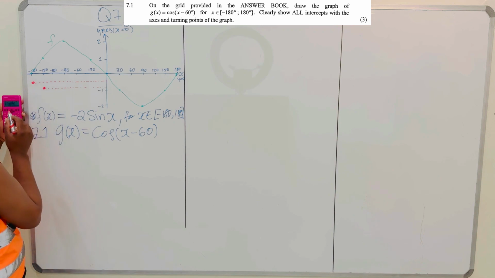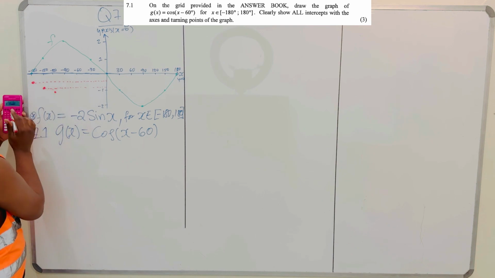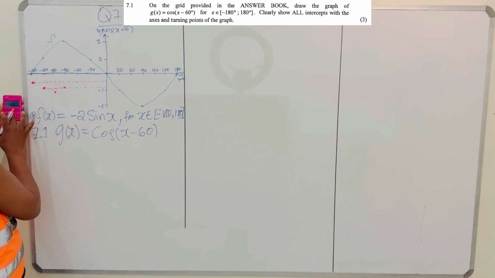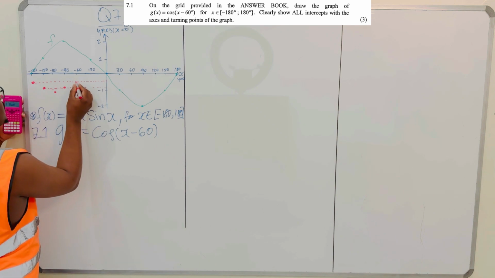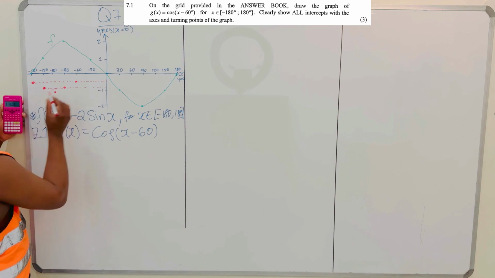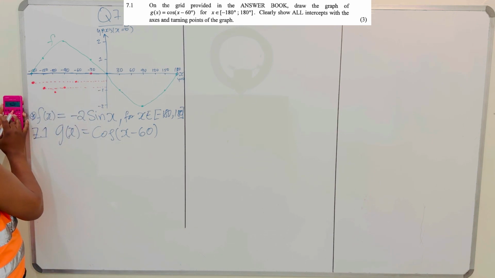Your minus 120 degrees plots with minus 1. Yeah, so minus 1 is somewhere here. And then minus 90 degrees plots with minus 0.9, which is somewhere here. Minus 60 plots with 0.5, which is somewhere here. And minus 30 plots with 0.9, which is somewhere there.